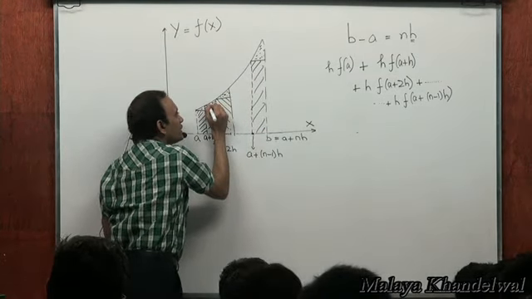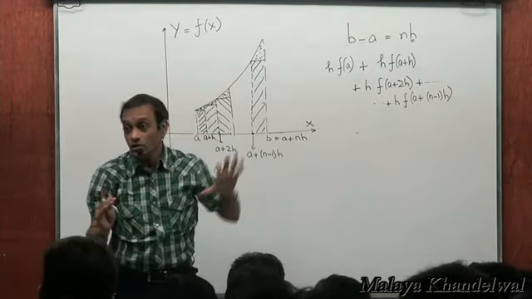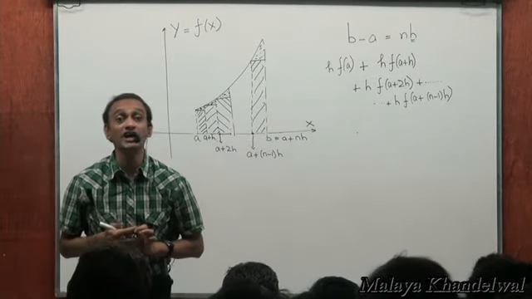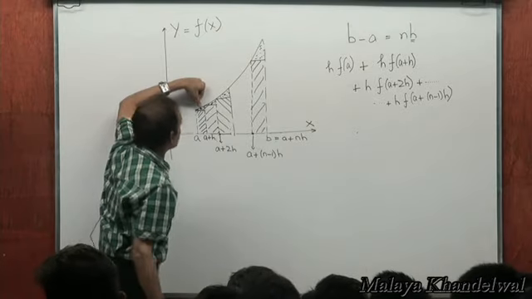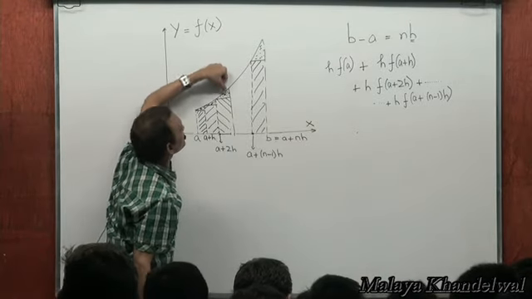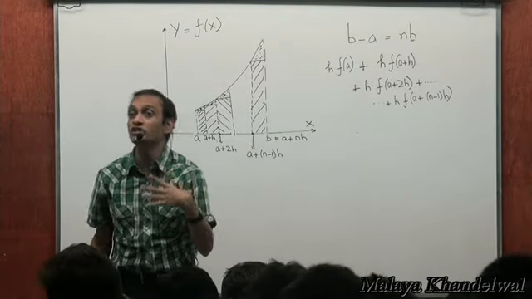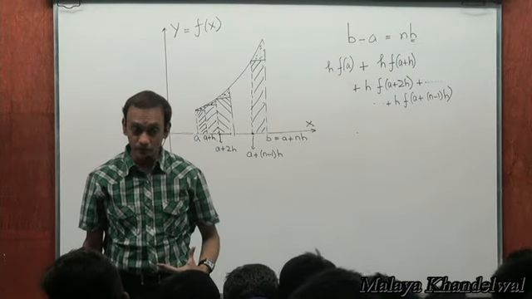That's the error in the area calculated, right? This is an approximation to the area under the curve y equal to f(x). But in this calculation, there is an error. What's the error? The error is the sum of these areas that you see in the top region.